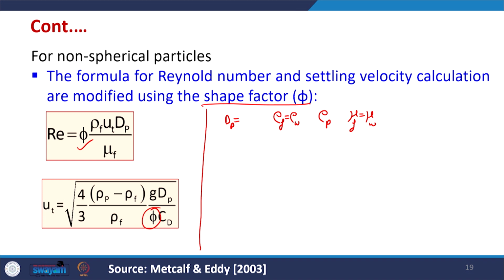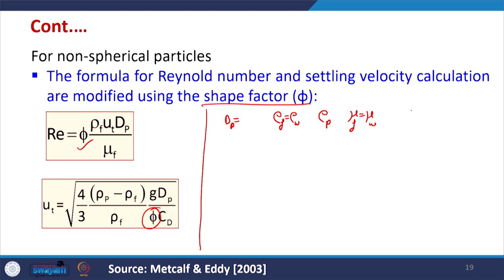Under this condition, we have to find out the settling velocity. Now, all these 4 are known, but we do not know the value of Cd. Suppose the shape factor is also known; for a purely spherical particle it will become 1. So, what is the value of Cd?